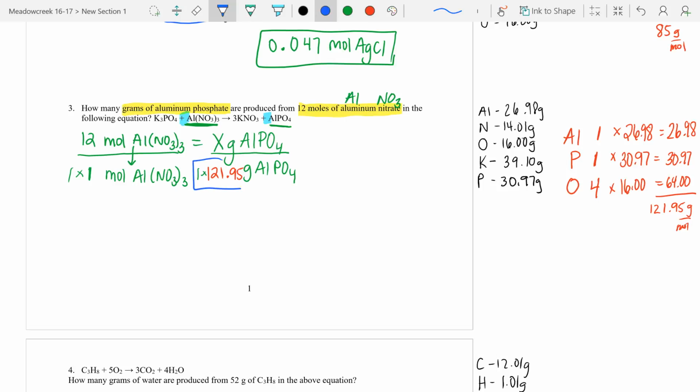So step 6 is we cross multiply and solve. So I'm going to cross multiply all of this. So 1 times 121.95 just stays the same.